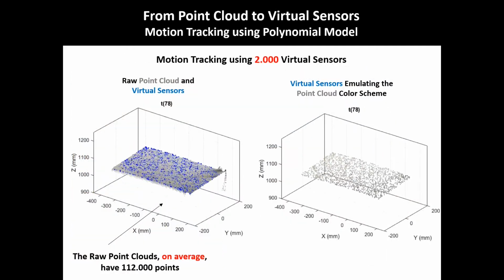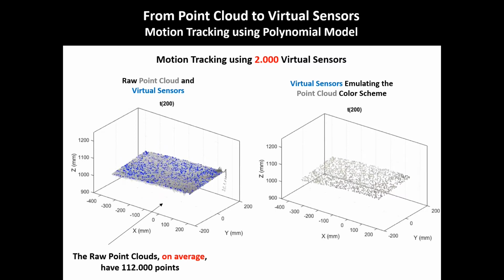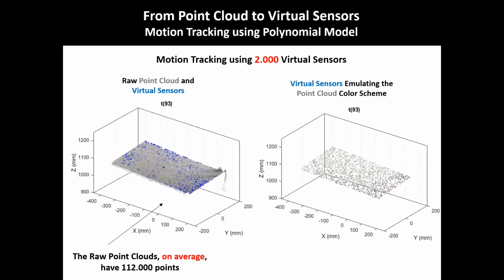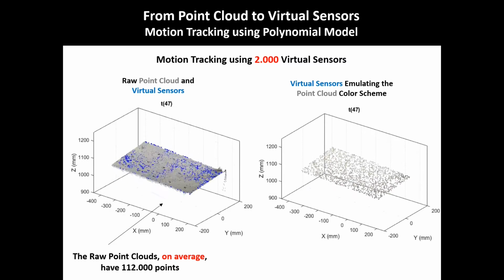Then, our approach to obtain measurements of the local displacements is to create a mesh of virtual sensors that follows the motion of the vibrating plate. Note that this step is needed to maintain the same number of points across time.